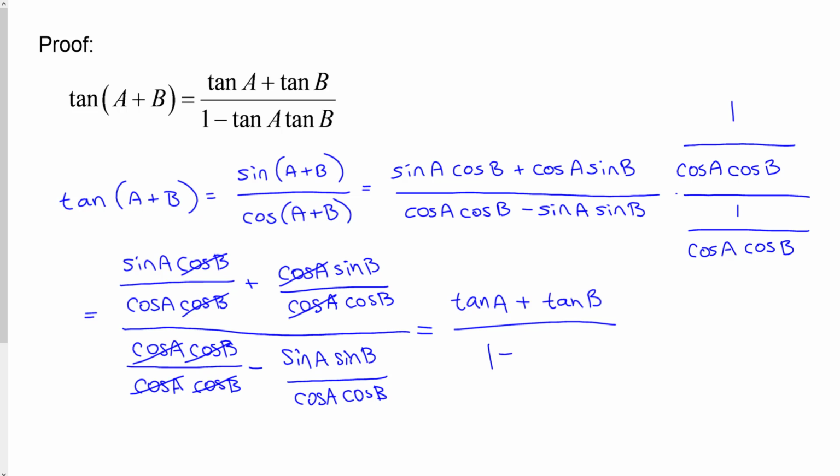And then lastly, sine A over cosine A is tangent A, sine B over cosine B is tangent B. And there we've established the formula for the tangent of a sum of angles.